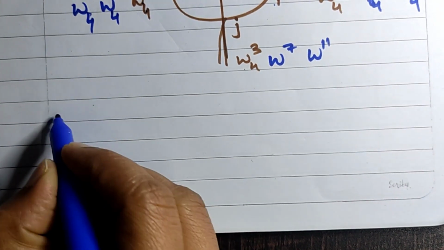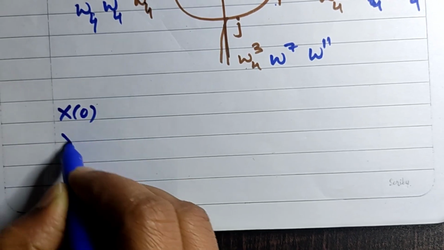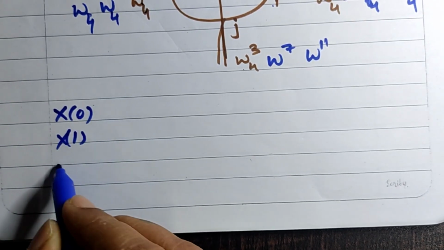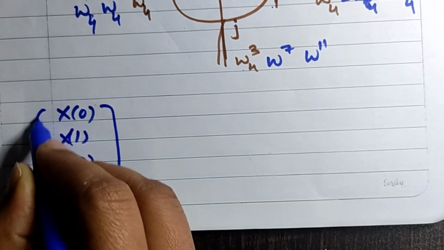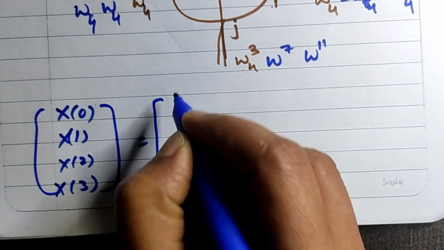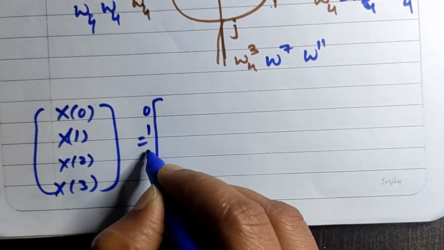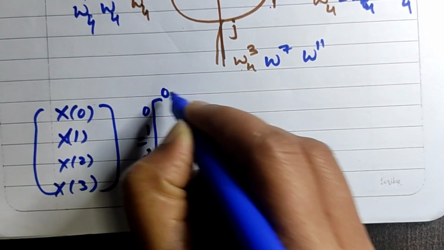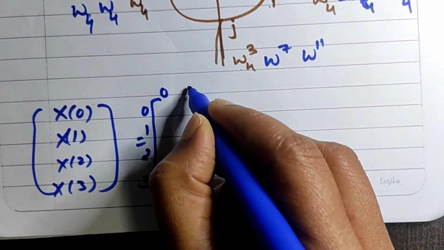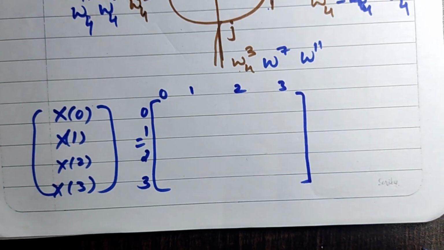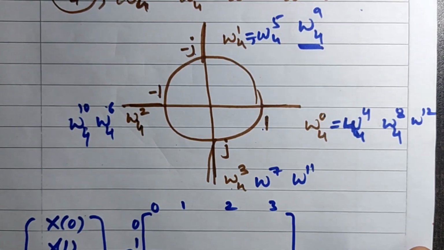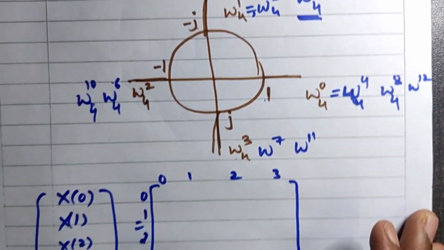We will write that matrix, which is our x of 0, x of 1, x of 2, x of 3 equal to, now I hope you remember, I'll write this so that you can remember what the power of omega 4 is. With the help of this circle we can write easily.